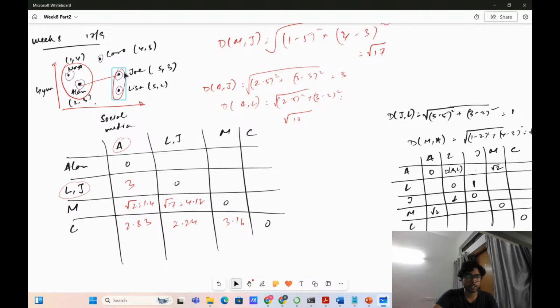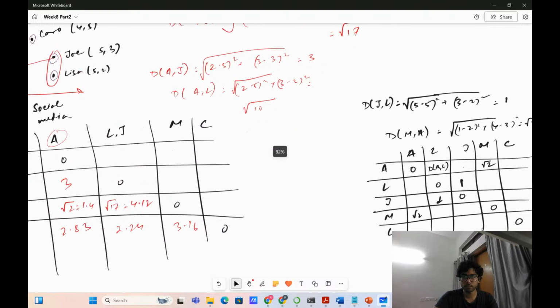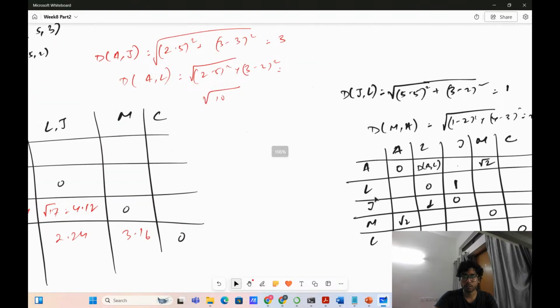So for the initial iteration we just made each point as one cluster, right? In the second iteration, we calculate the distance between all the 2 points, and we see which 2 points have the lowest distance.